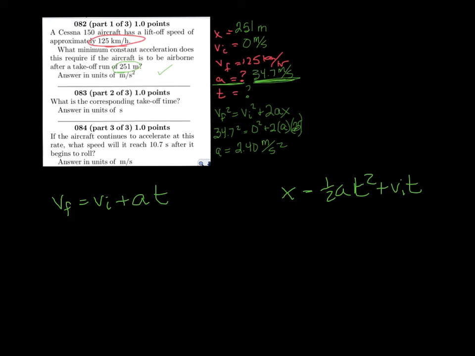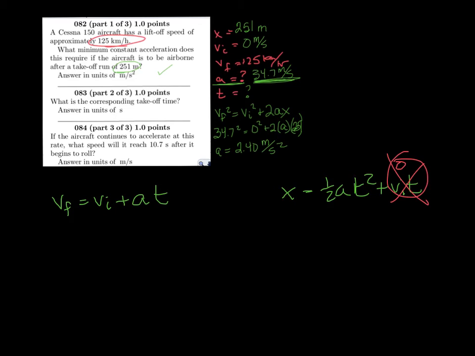So if we stick 0 in here for our initial velocity, what happens to that whole term? It drops out, because 0 times anything is 0. So this works out to 1/2 at squared. So either way, it's not that bad. So let's do it both ways.